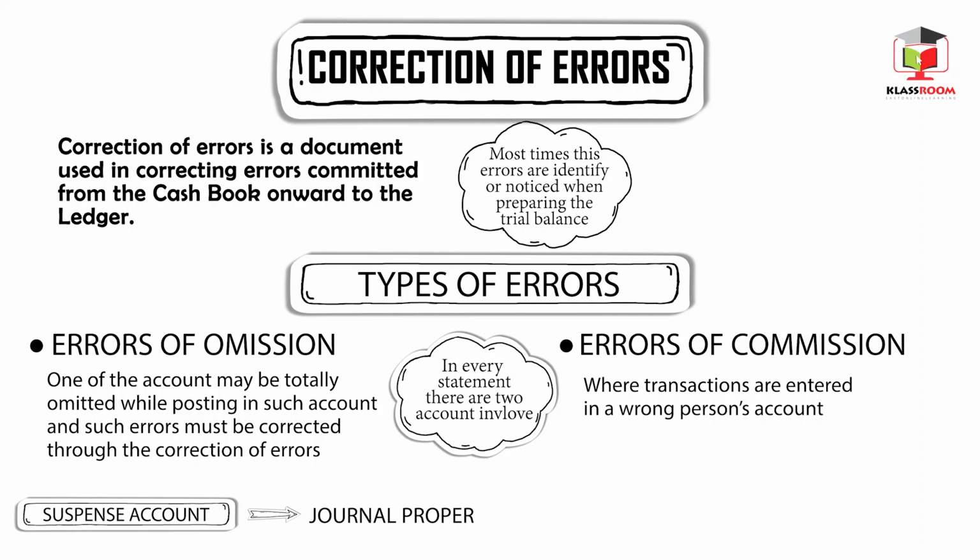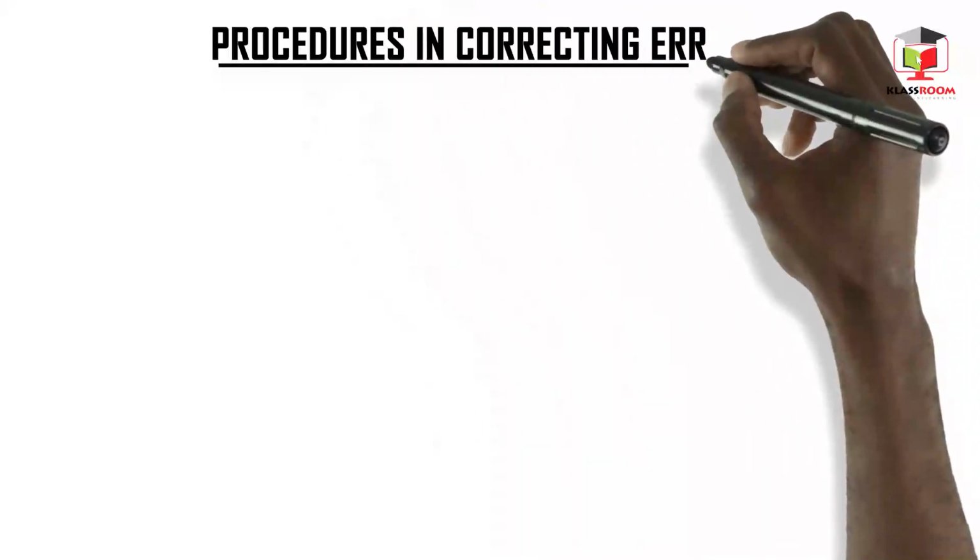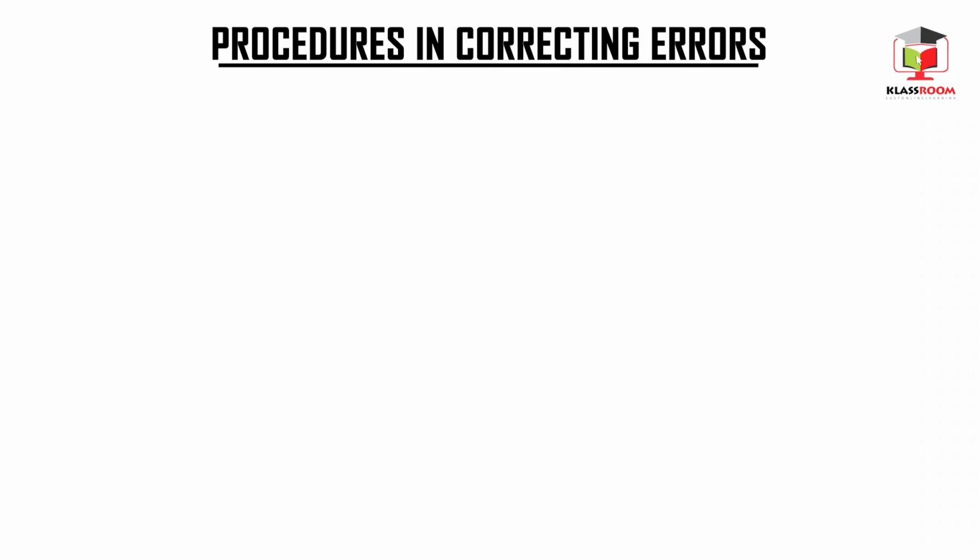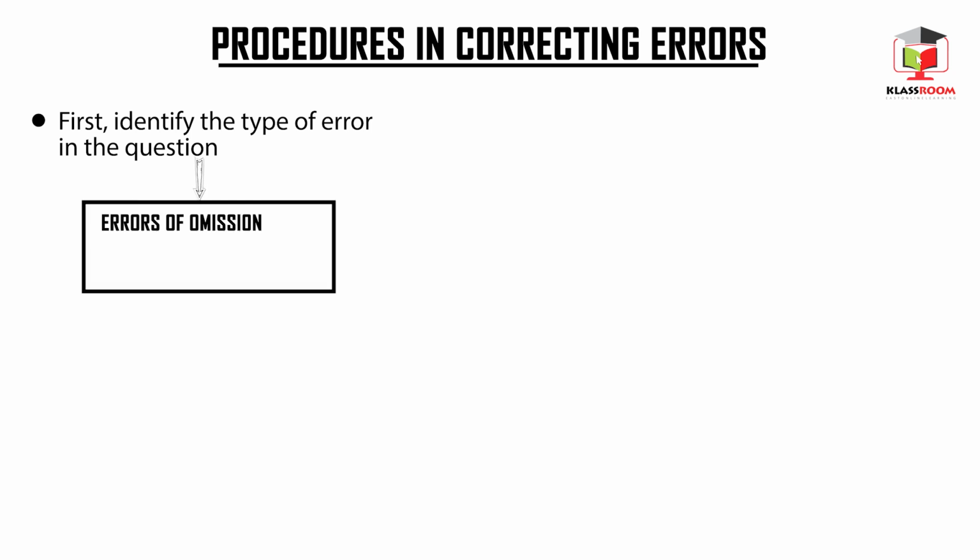Okay, and for such errors to be rectified or corrected, there are certain procedures that the students must be acquainted with. Number one procedure is this: whenever a question is given under correction of errors, you need to first and foremost identify the type of error involved in such question, whether it is errors of omission, errors of commission, or errors of original entries and vice versa.